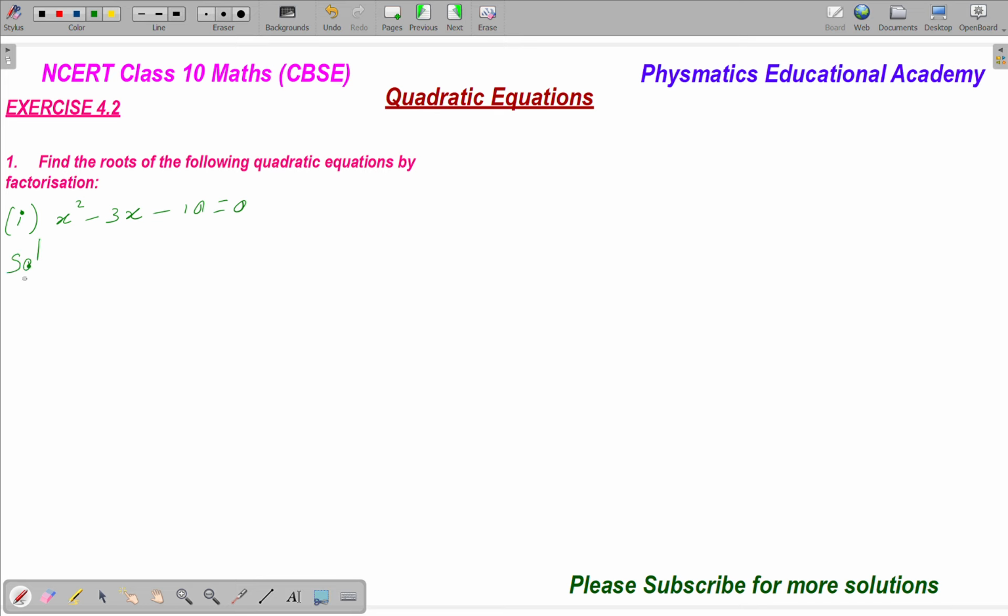Now solution. x square minus 3x minus 10 is equal to 0 is given.